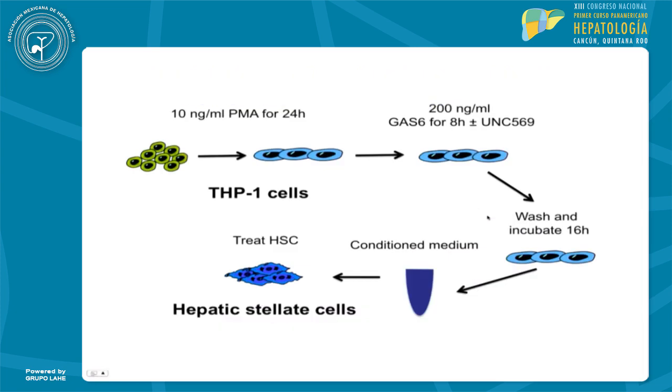So what we did, we took these macrophages, we incubated with GAS6 in the presence or absence of a specific antagonist of MERTK, washed, and then incubated the stellate cells with the conditioned medium, trying to show whether exposure to these cytokines, so GAS6 and activation of MERTK, could be relevant for the biologic activity of stellate cells.